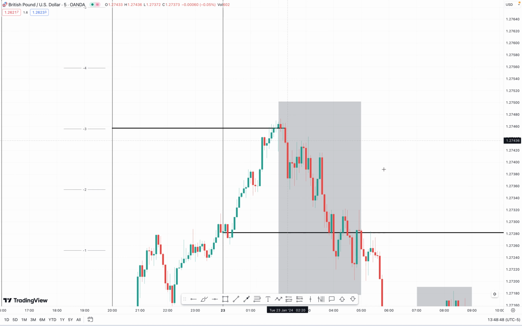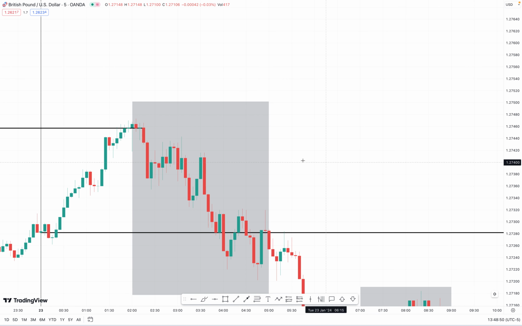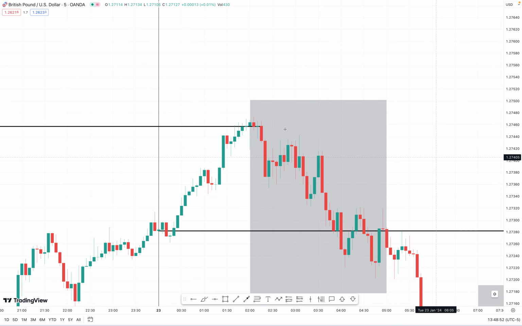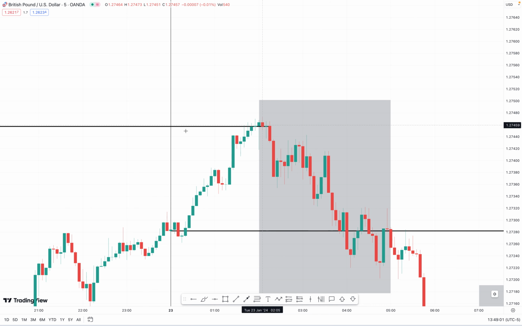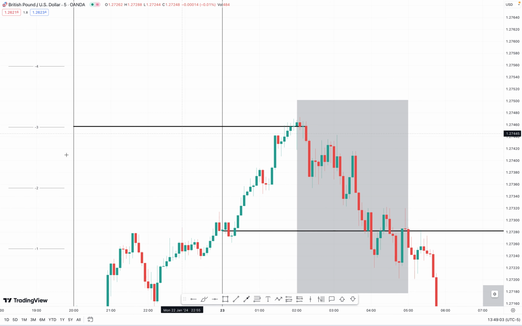Move down. And you see there's 2 swing points. One is higher than the other one. Now usually, I would ignore this 3 level, this -3 projection, if both of those swing points were inside the London time zone, the London session.